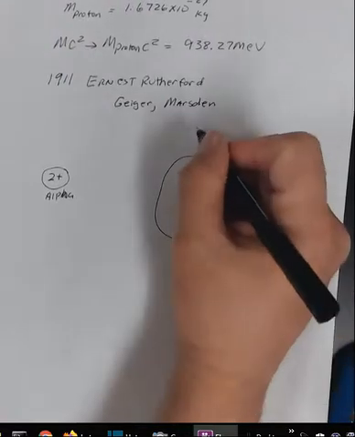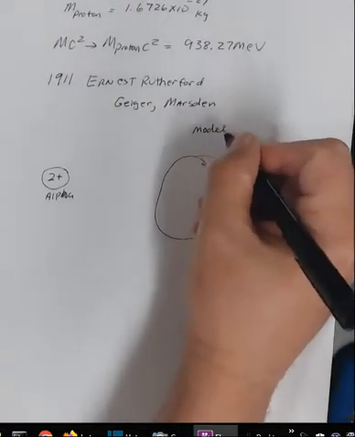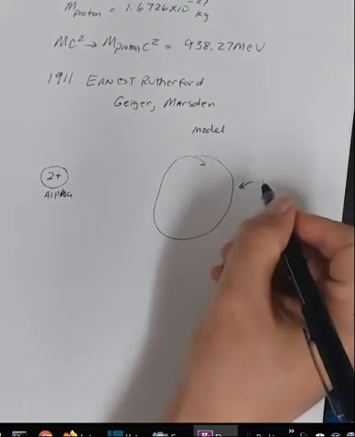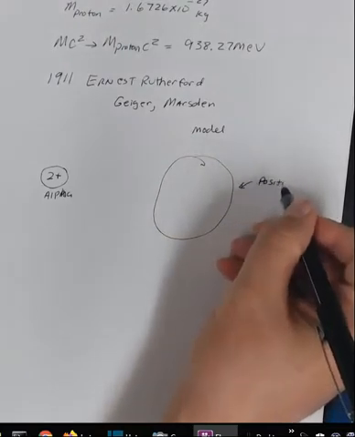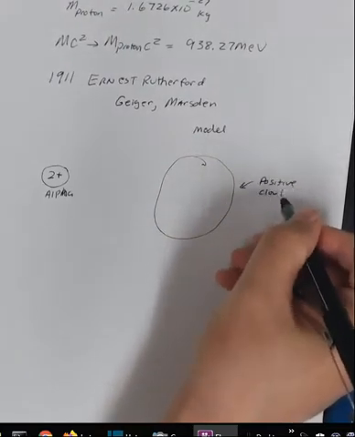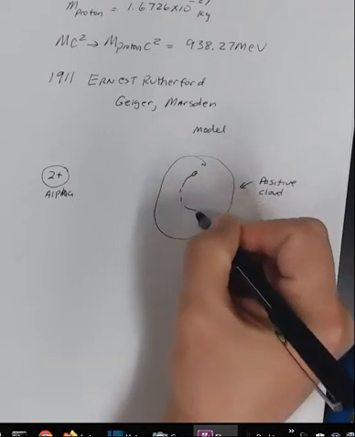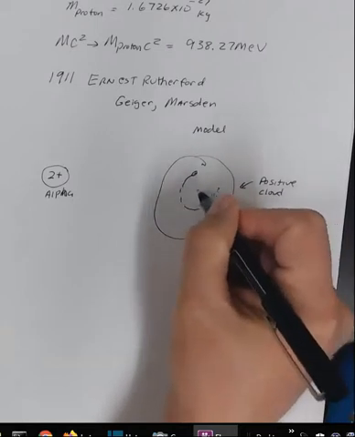Now, the model that they had at that time, known as the plum pudding model, was that you had a positive cloud of charge, and embedded in it, moving around in orbits, were electrons.